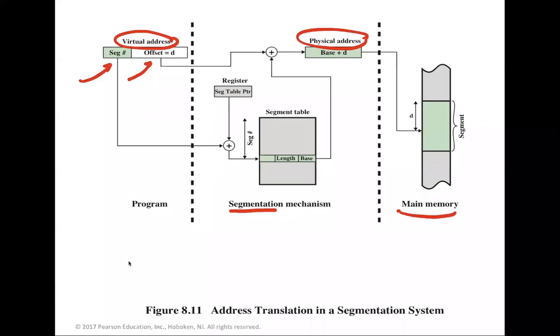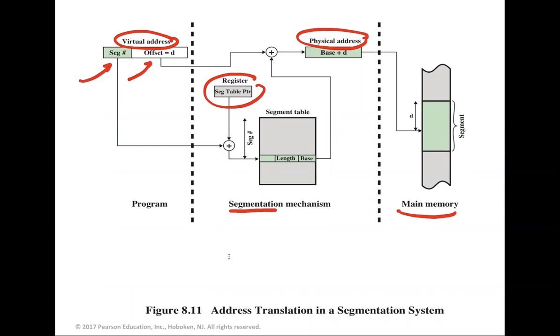Instead, it must be in main memory to be accessed. In the following figure, we see a hardware implementation of this scheme, similar to what we have discussed when we talked about paging. That means when a particular process is running, a register will hold the starting address of the segment table of that process.